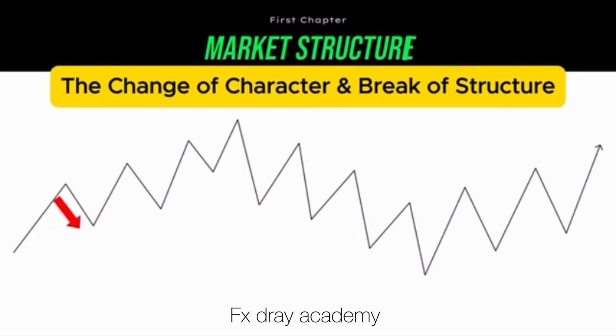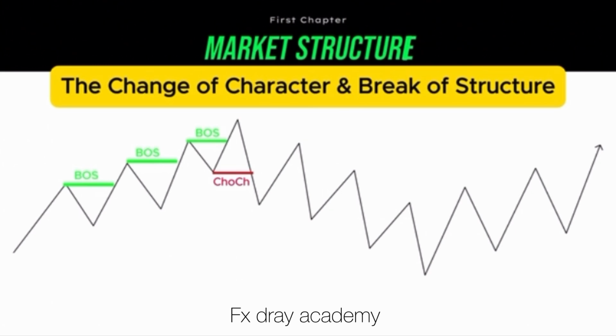Now I'll be showing you how an uptrend changes character and now turns to a downtrend. So yeah, we are in an uptrend. We had the break of structure, downtrend, and now we break structure again. Now we have our change of character.